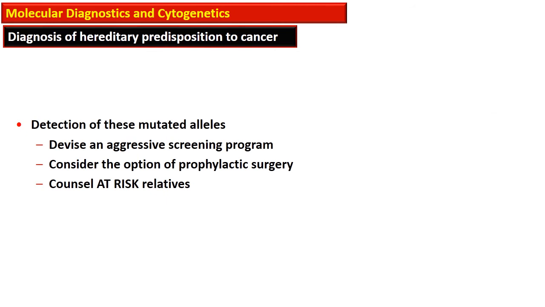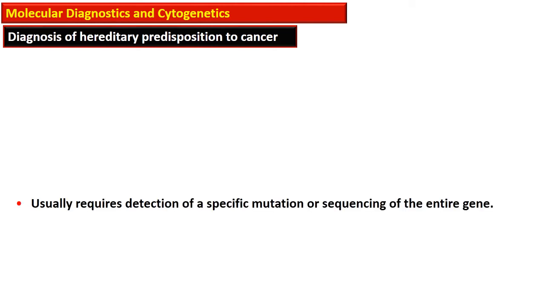Then detection of these mutated alleles is helpful in devising an aggressive screening program and to consider the options for prophylactic surgery and also to counsel at-risk relatives. And this requires detection of a specific mutation or sequencing of the entire gene.